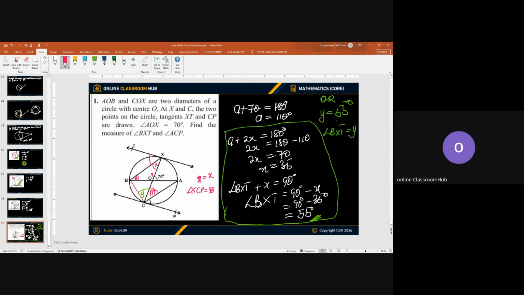So now you can calculate for ACP. So ACP is also 55. Yeah, it will also be 55. Good.